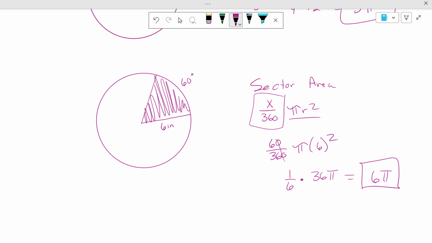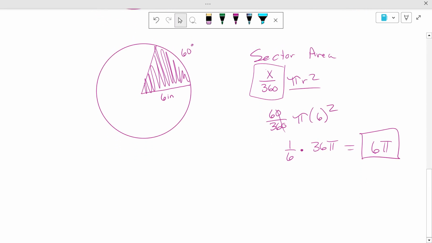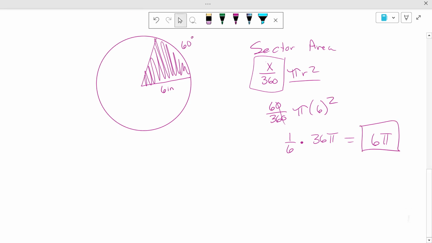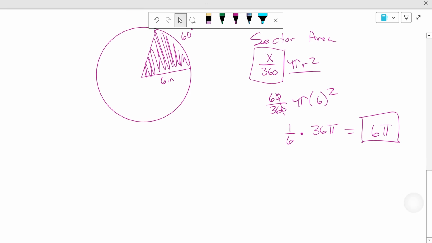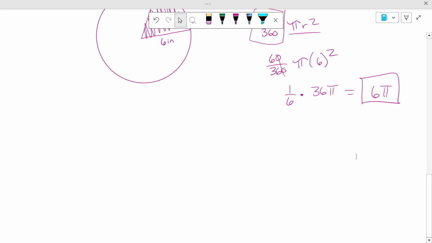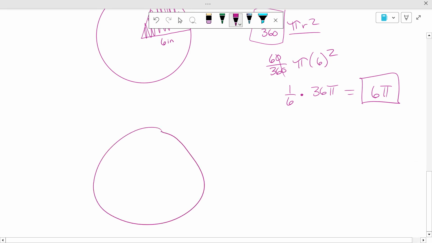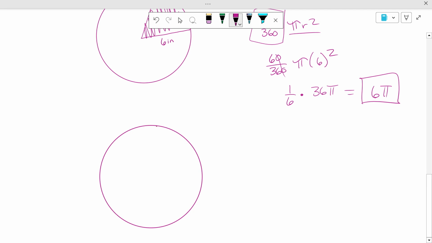Okay? All right. So sector area. You just take the part of the circle times the area of the circle, and you're good. Now, let's say the circle has an angle in terms of radians, like 7 pi over 4 radians. And you want to find this area, and you have a radius of 16.